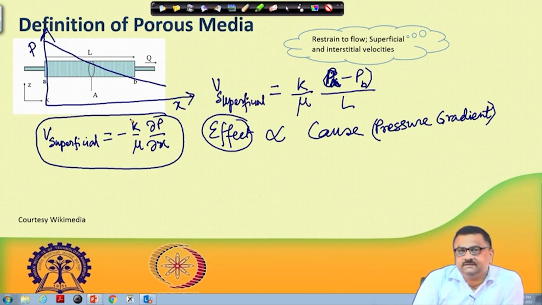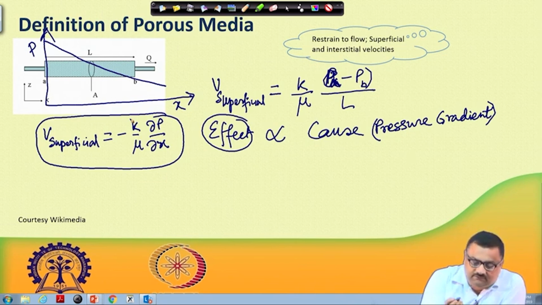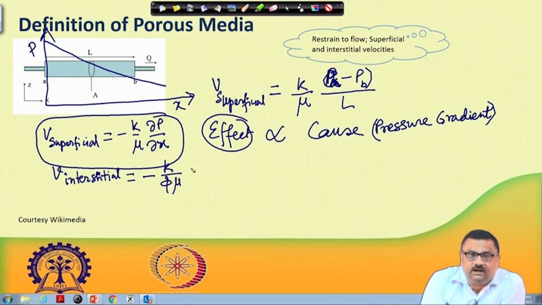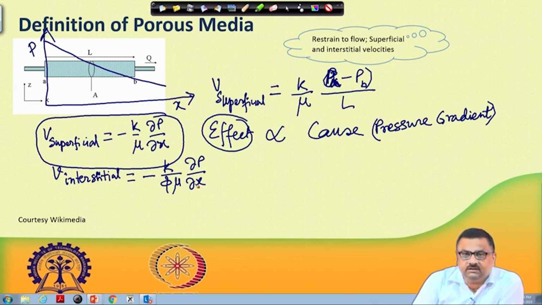If we want to bring in the V interstitial, we simply divide by one extra term, phi, in the denominator. That gives the interstitial velocity.